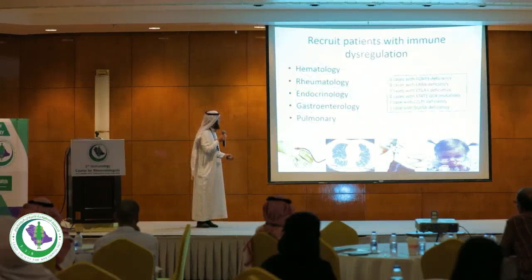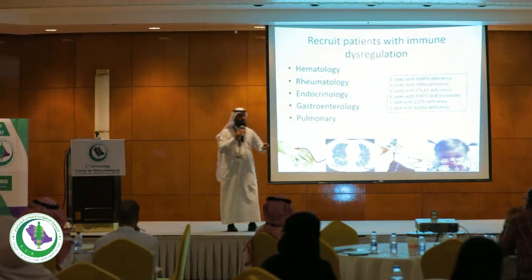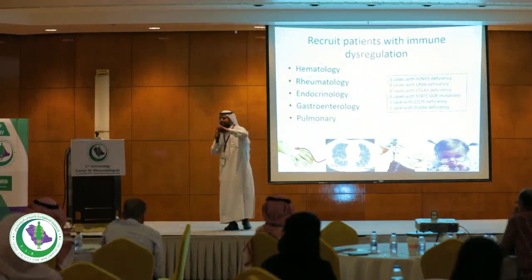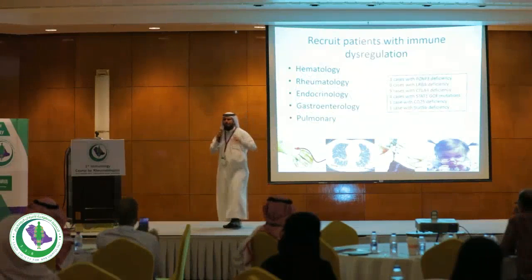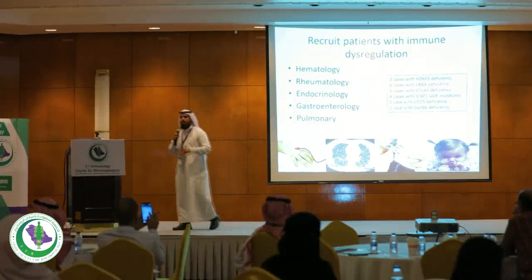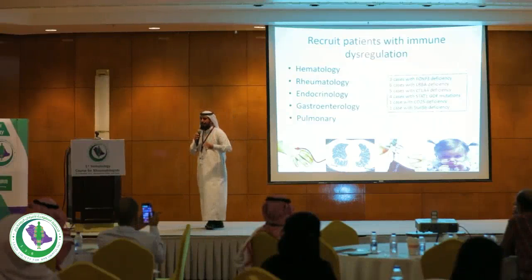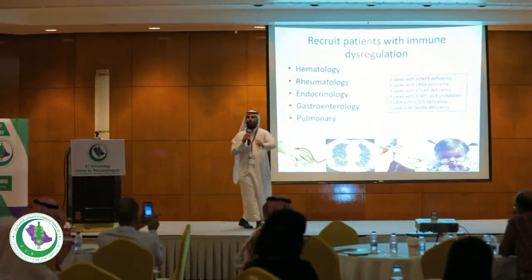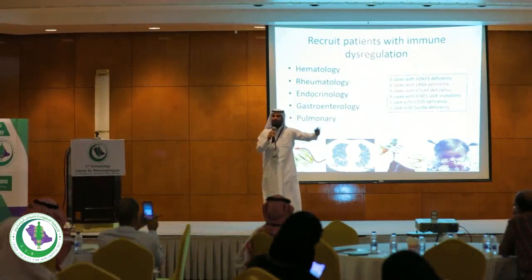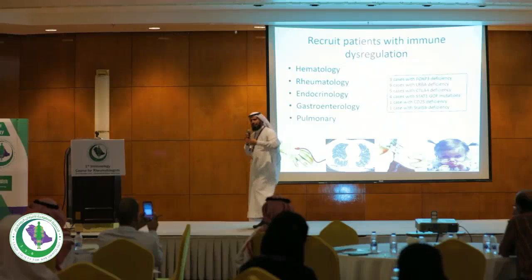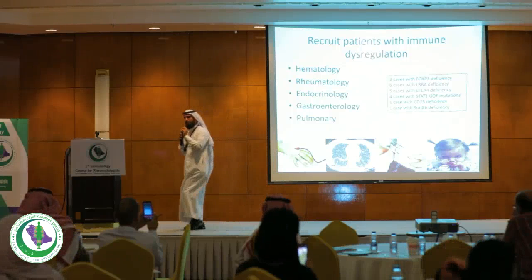Then we try to collect those patients with autoimmunity. Like those patients with maybe SLE or rheumatoid arthritis, but not only SLE and rheumatoid arthritis, but those who also have Coombs positive hemolytic anemia, and type 1 diabetes. Really, this is not the typical patient with just rheumatoid arthritis or SLE.